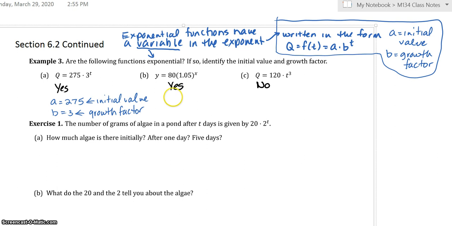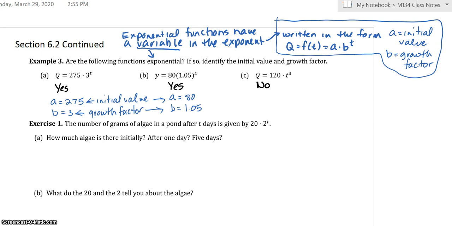In part B, the A is the 80, which is the initial amount, and the growth factor is 1.05. So there's the initial amount, there's the growth factor. We don't have to do it to part C since C is not exponential.